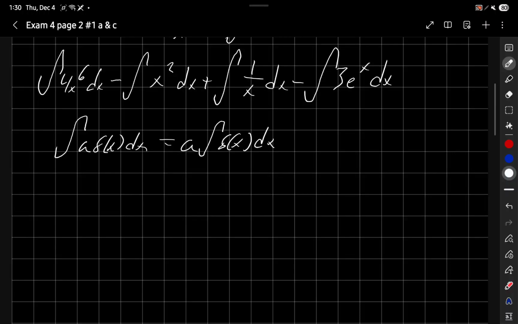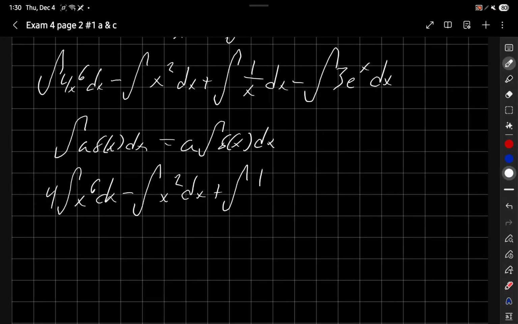So we're going to do that to all of the functions where that applies. So this first one will become 4 times the integral of x to the 6th, and this will become 3 times the integral of e to the x dx.